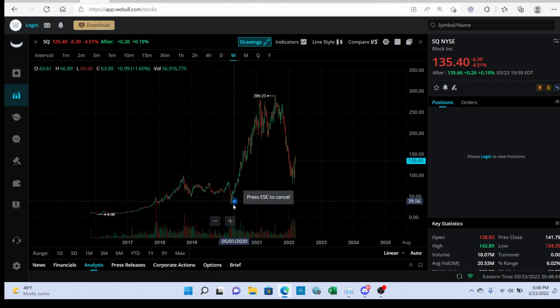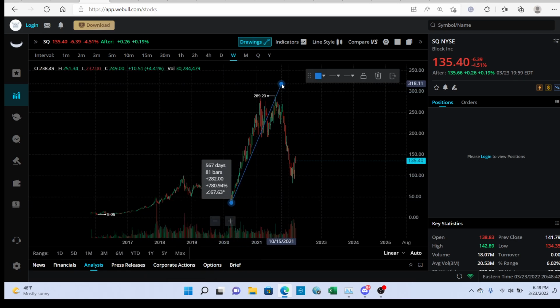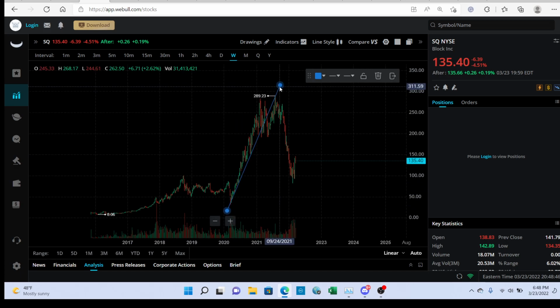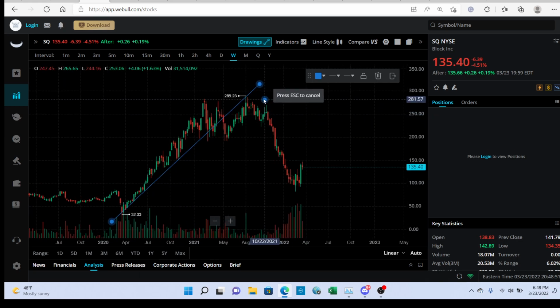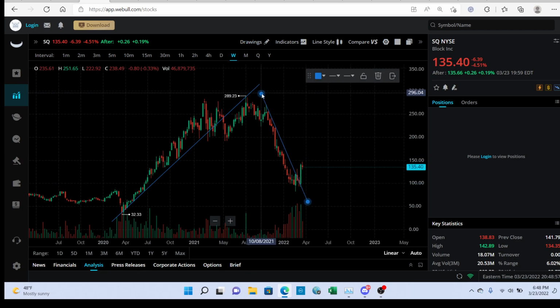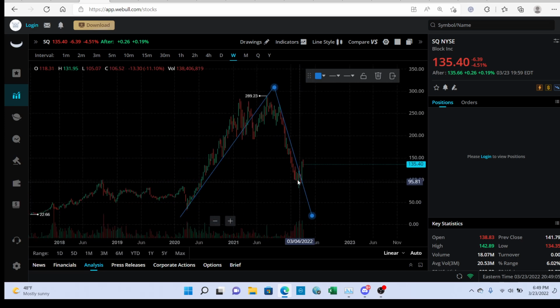The obvious trend here is that this one got invalidated. Let's look for the downtrend here. We could see that we broke a pretty significant downtrend, so this could be the start of another uptrend.